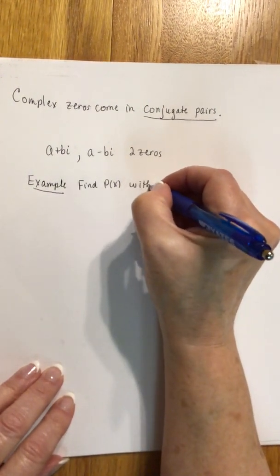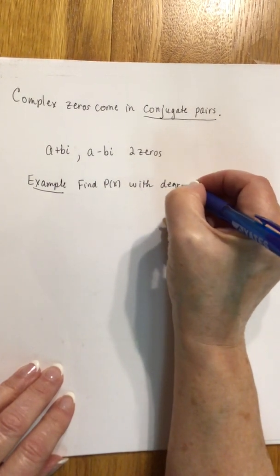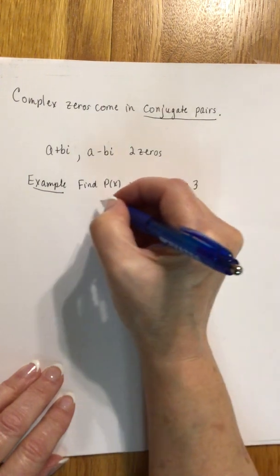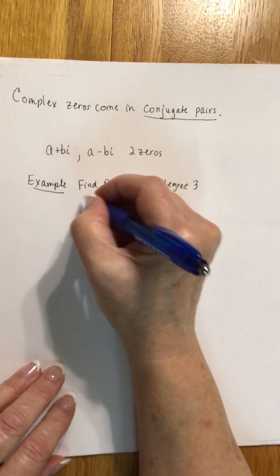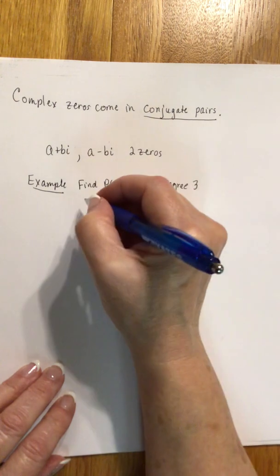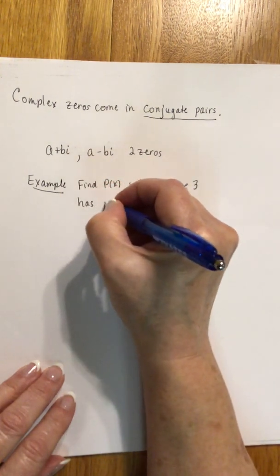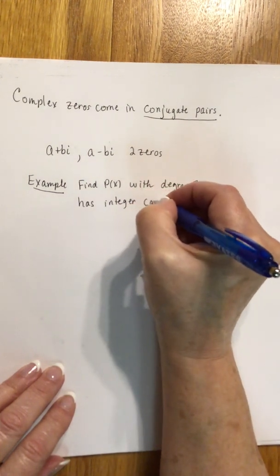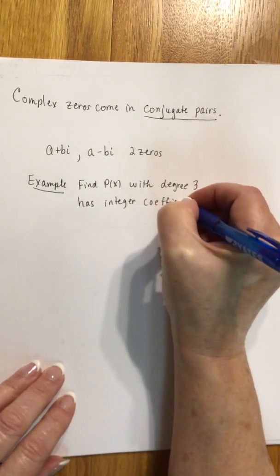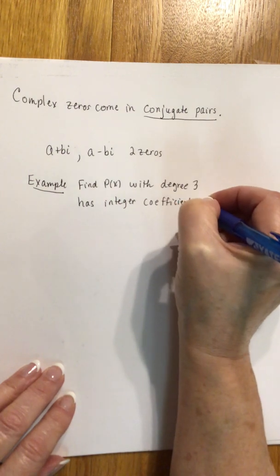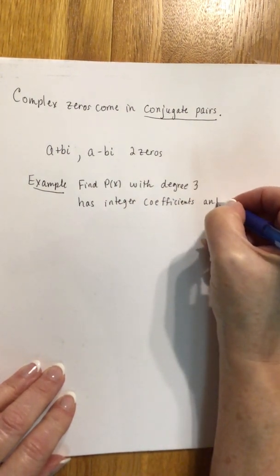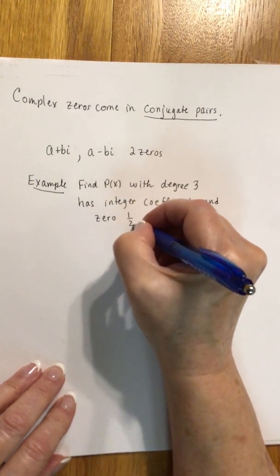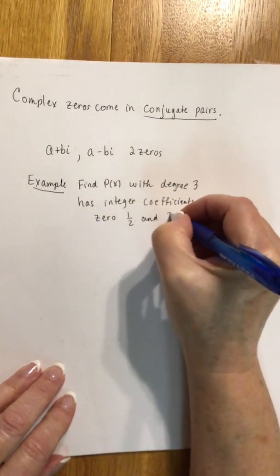So find p of x with degree 3, has integer coefficients, and the zeros of 1/2 and 3 minus I.